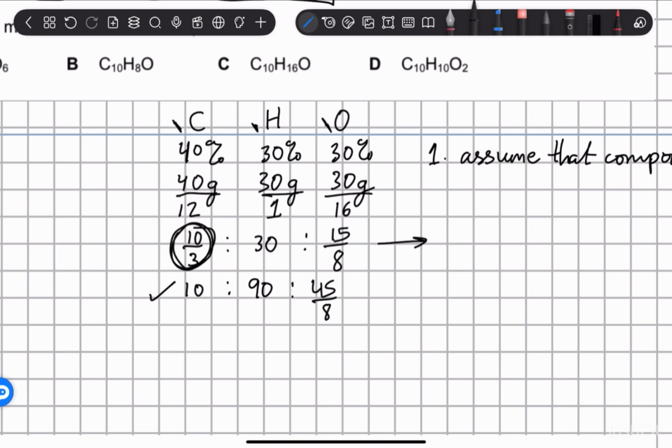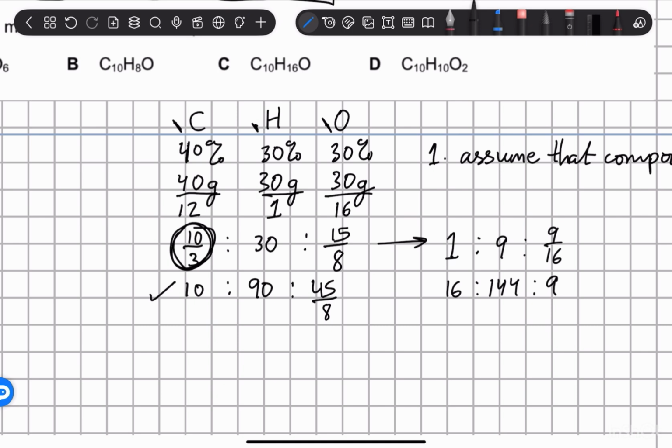So if we do that, we get 1 is to, hold on, 30 divided by 10 over 3, that's 9 over 16. And then you would eventually have to multiply everything so that you get the simplest possible ratio. So you would get 16 by 144 by 9.